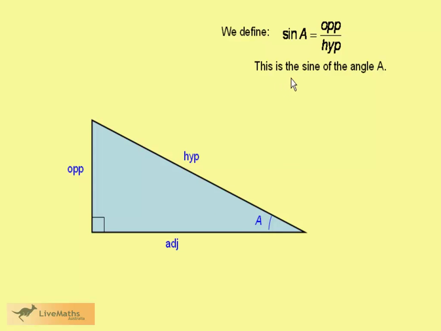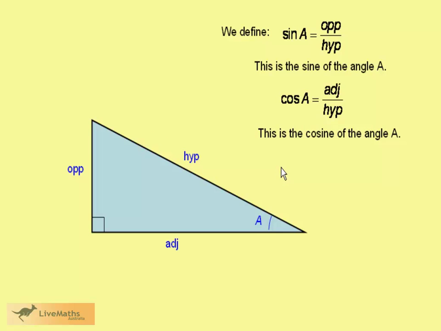This is called the sine of the angle A, but we just write sin A. Cos A is equal to the length of the adjacent divided by the length of the hypotenuse.